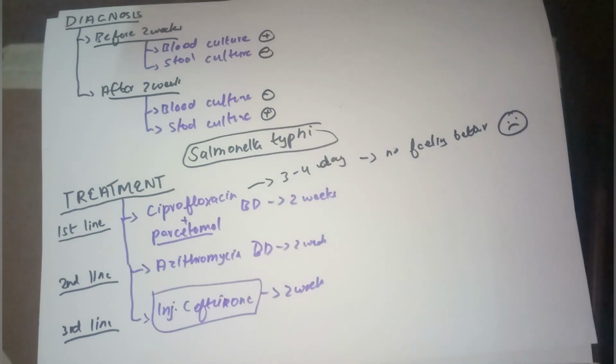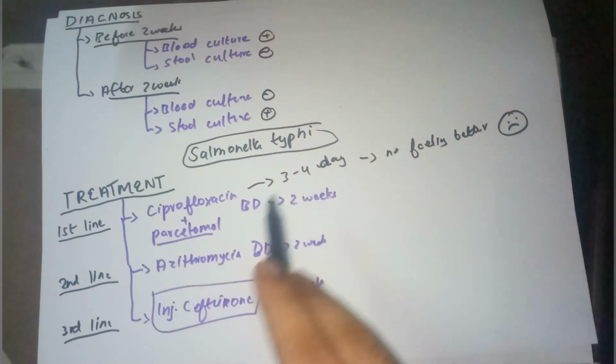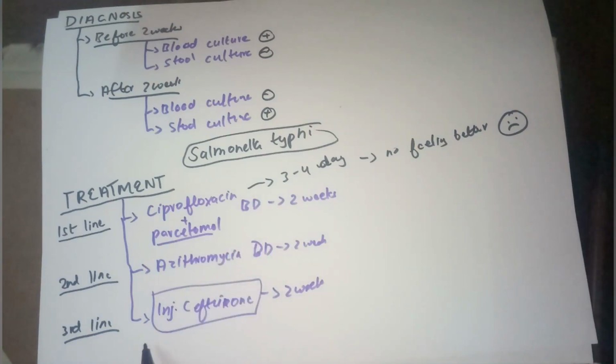You will change it, because if someone is not resistant to ciprofloxacin, he will start feeling better within 3 to 4 days. So if he is not feeling better, then you will change it to azithromycin. And even if he is not feeling well after 3 to 4 days of azithromycin, then the injection of ceftriaxone, and it will definitely do it.